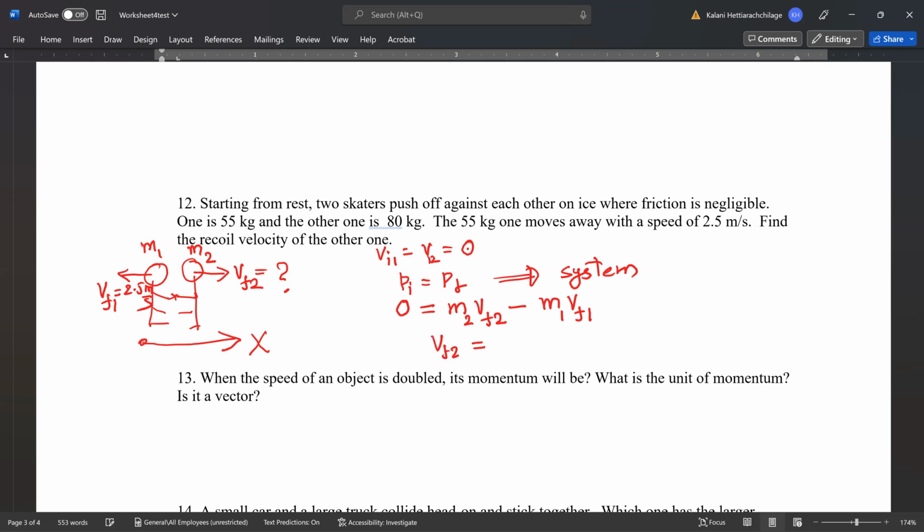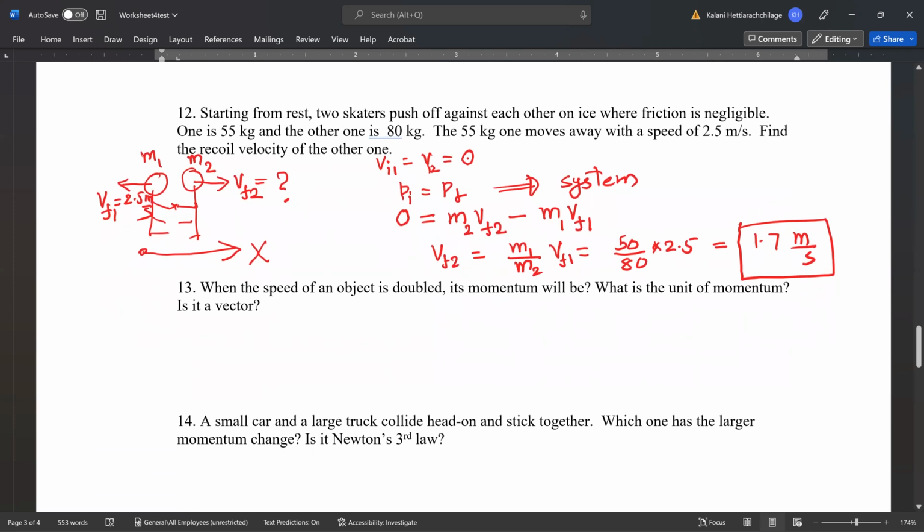That will be equal to M1 divided by M2 times V final 1. Let's plug in those values. We have 55 and 80, all SI units, and 2.5 given for the velocity. This gives us an answer of 1.7 meters per second. As we thought, the final velocity for the 80 kilograms is lower than the first person's.